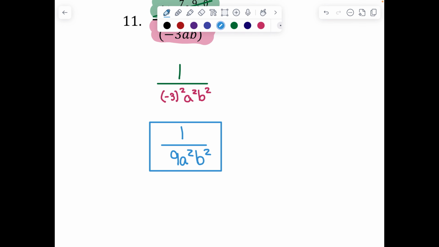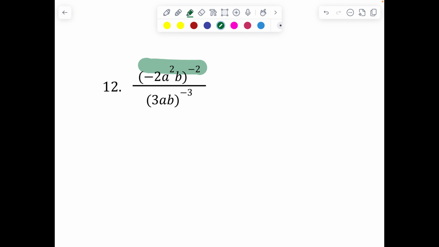Okay, number 9. Again, now I see some negative exponents, but we're still just going to do the same thing. There are a few different ways to do this, but I just want to keep it consistent. So we're not going to move anything until after we raise our powers.